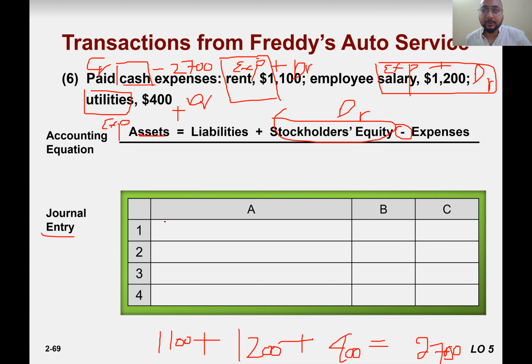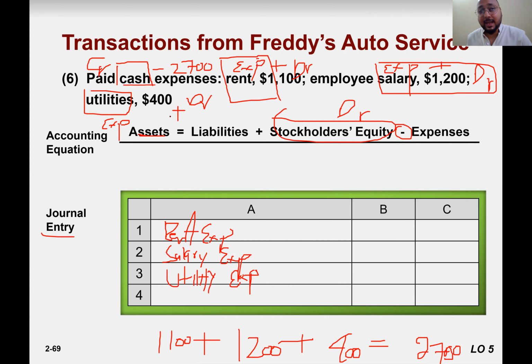So you write down first rent expense, salary expense, utility expense.